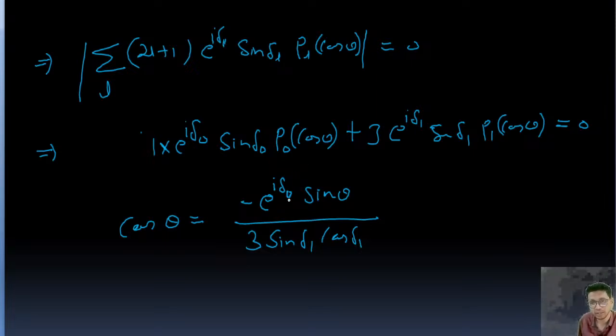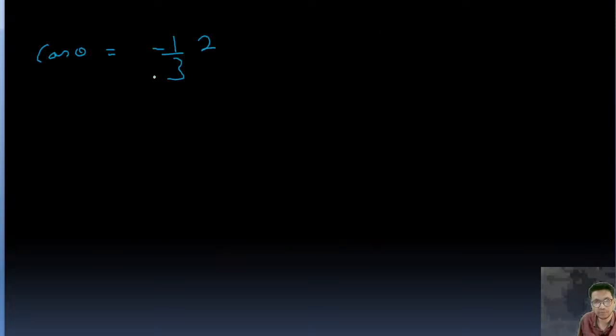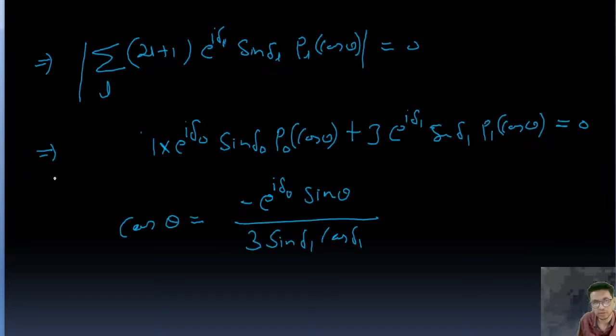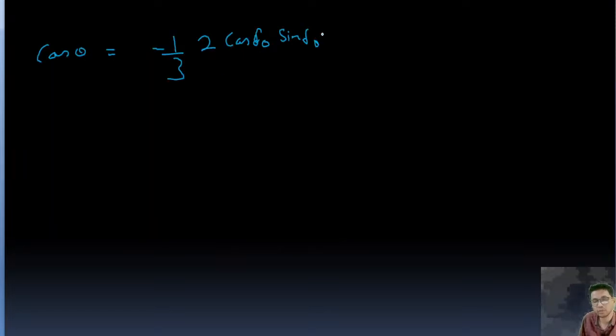So then cos theta value is going to be 2 cos delta 0 sin delta 0, because I have ignored this, because we know e to the power i theta equals cos theta plus iota sin theta. So the imaginary part I'm ignoring, because we need to find the theta value, right.